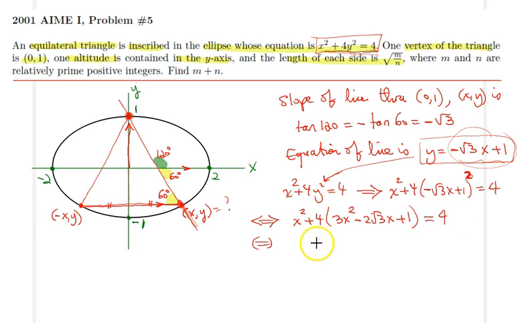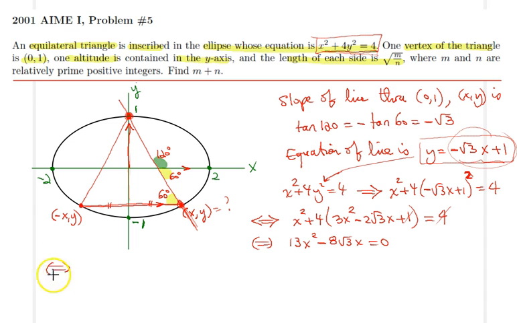So what I can do is organize, so I will have 12x squared here, and then there's another one, so we have 13x squared, and then minus 8√3 x, and finally we have 4, and then there's another 4 here, so they would cancel out. So that's the final equation I have. Let's go ahead and factorize this.